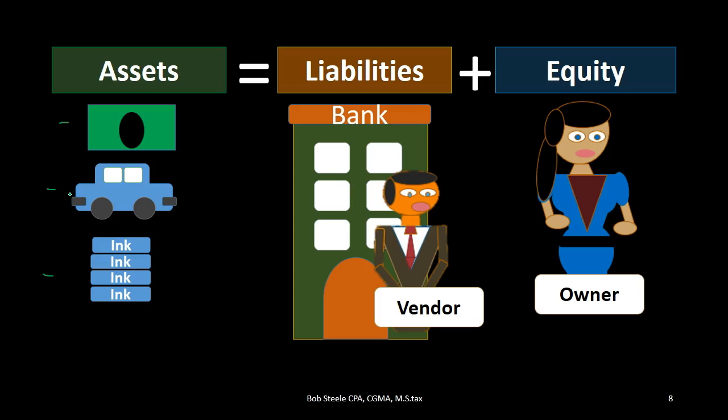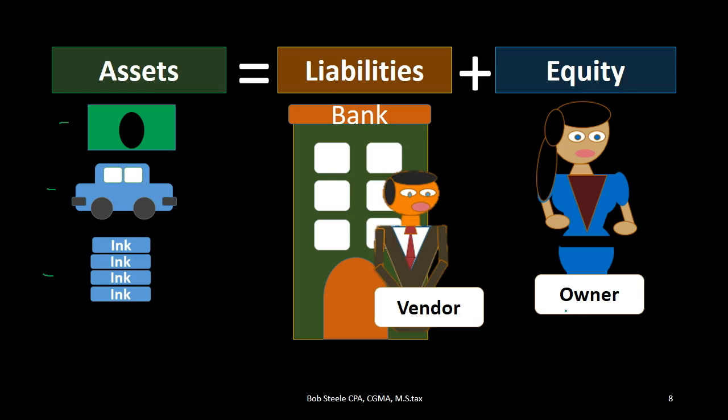We're using dollars as the measuring tool, same with the ink here. And those dollar amounts attributed to the assets would be equal to who they are owed to, in this case the third party for the loan that was taken out, and the vendor. The difference then is the amount that would be owed to the owner, the book value of the company, in this case looking like a sole proprietor.